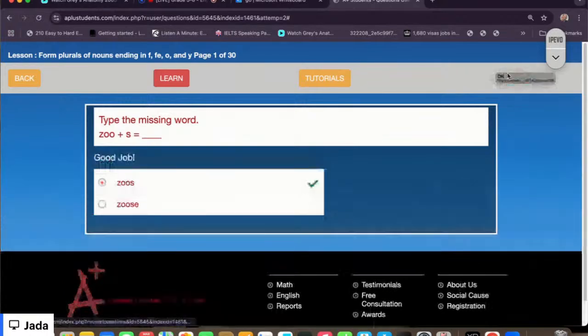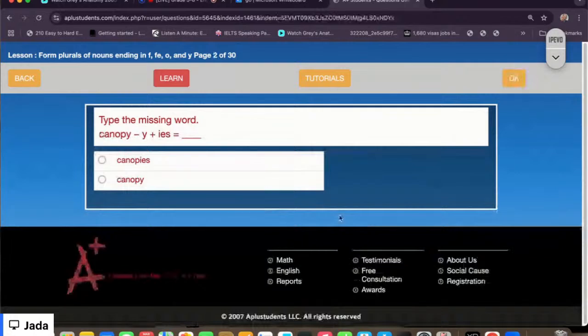Okay, this one, canopy. What do you have for canopy?